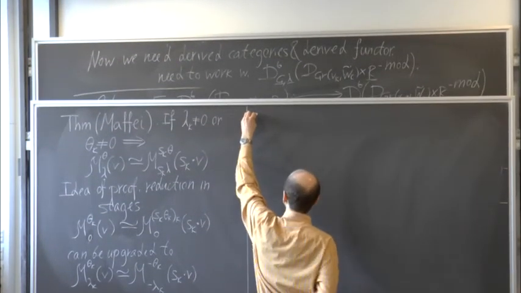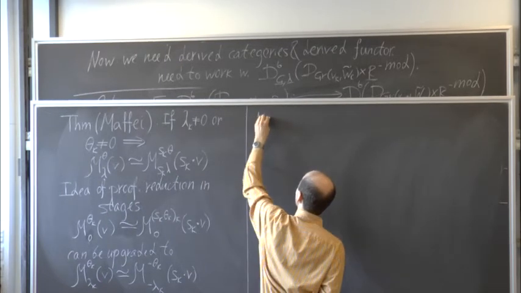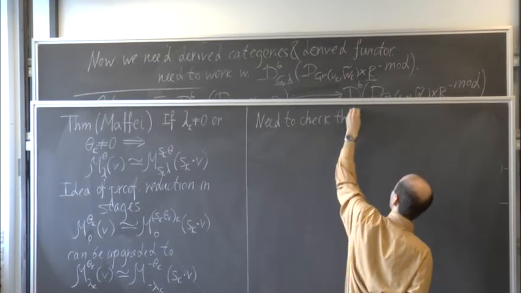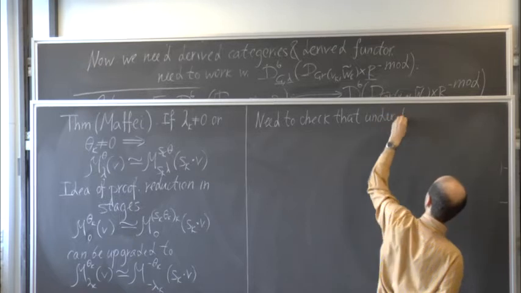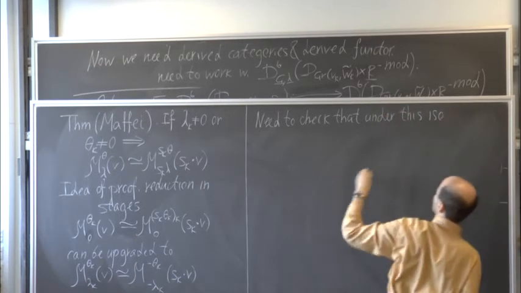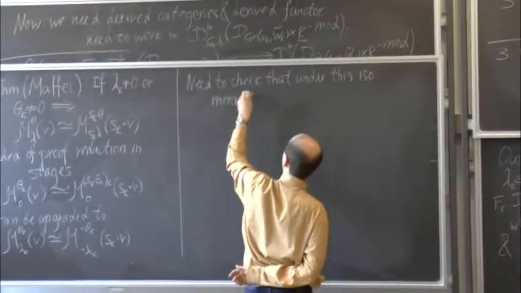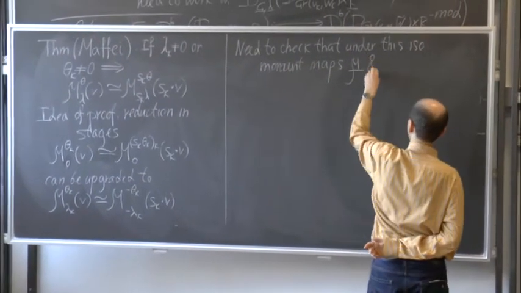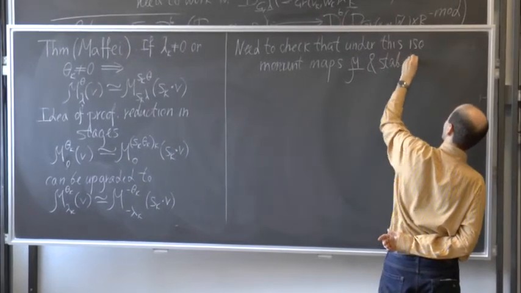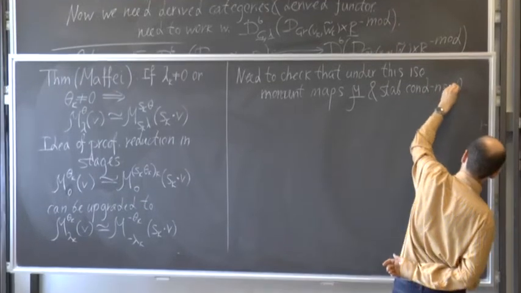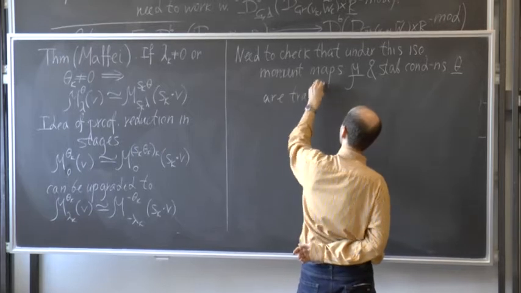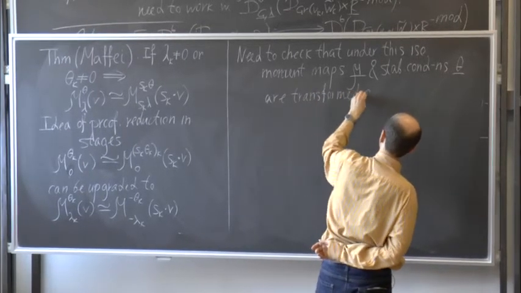And then what you need to check is that under these isomorphisms, moment maps mu underline and stability condition theta underline are transformed as needed.